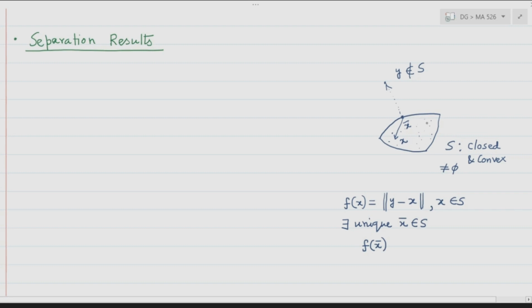You pick any other x over here and you consider the angle between x minus x bar and y minus x bar, and you get an obtuse angle.